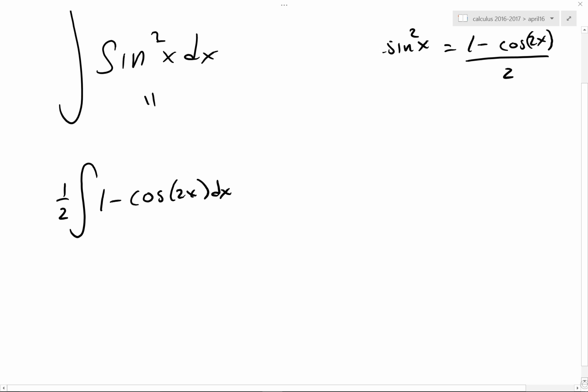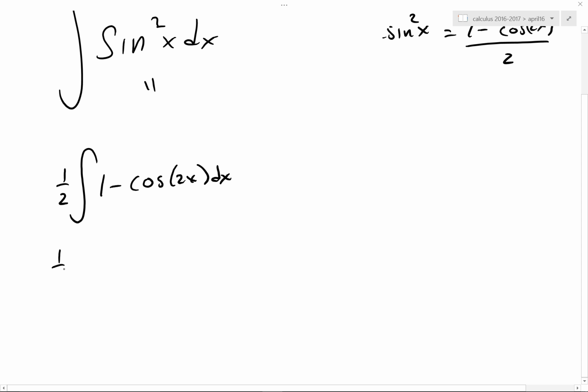From who is 1 the derivative of, for crying out loud? X. And from whence did this come? Who is negative cosine of 2x the derivative of? Negative sine, that's part of it. That's true. Did you miss anything there? It's a half. Why is it a half? Because you have to account for u equals 2x.